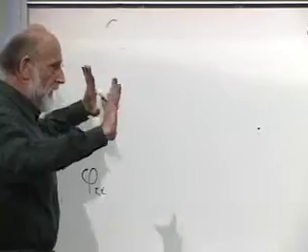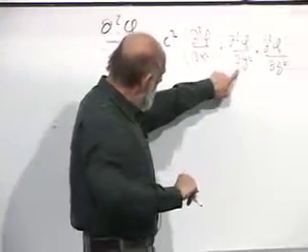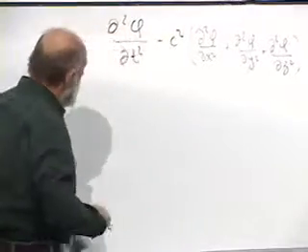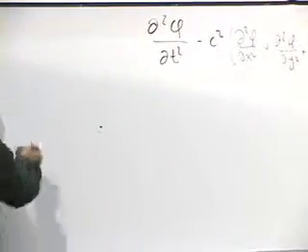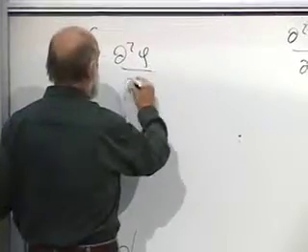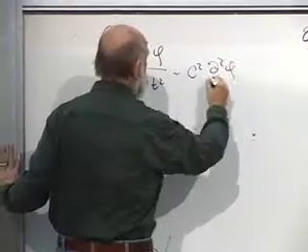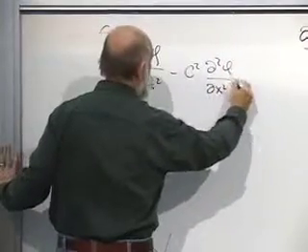As a uniform, infinite plane wave moving down the axis like this would have no dependence on y and z. And so for that situation, the wave equation would be d second phi by dt squared minus c squared d second phi by dx squared is equal to 0.